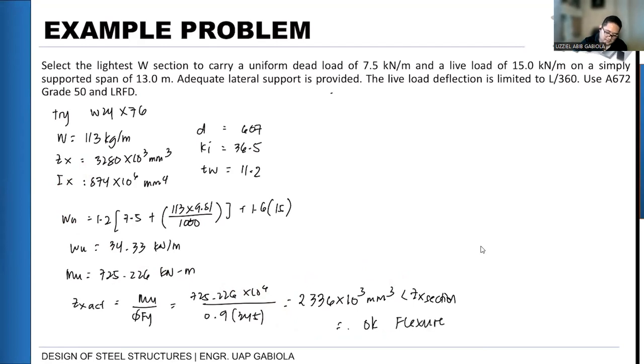Okay? Next is yung sa ating shear. So shear natin is equals to 0.6 Fy Aw Cv.